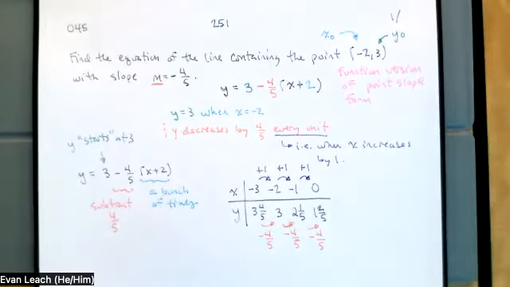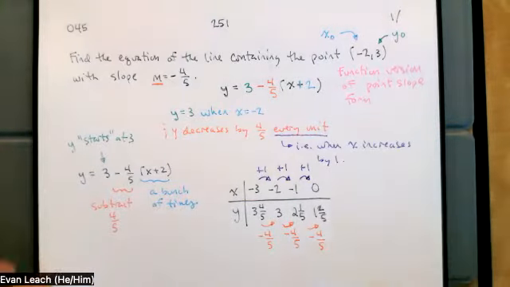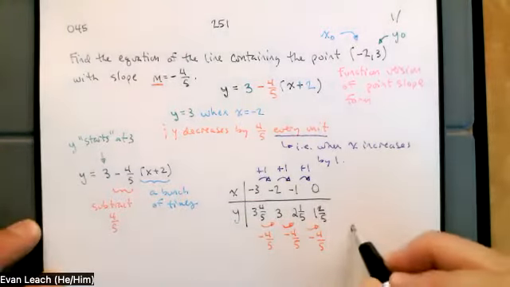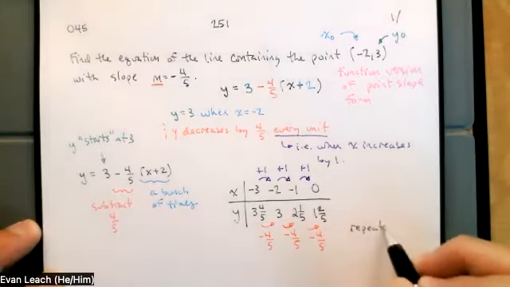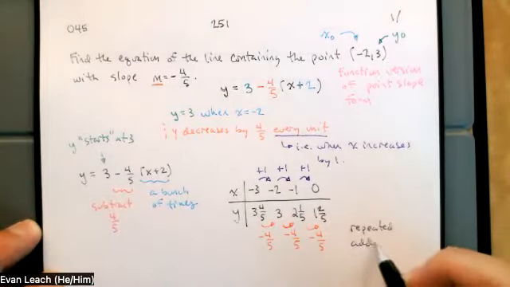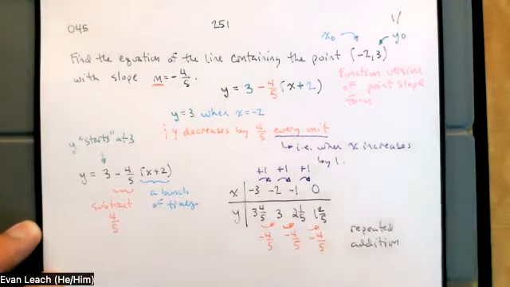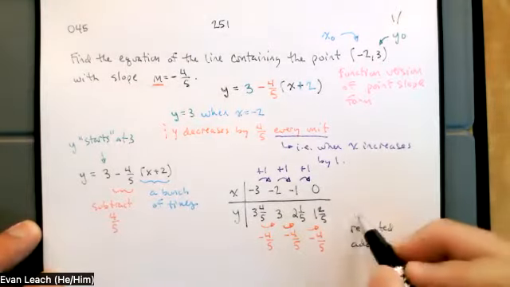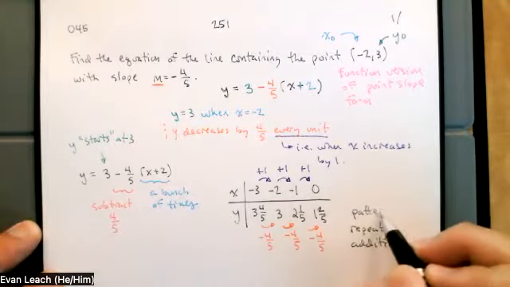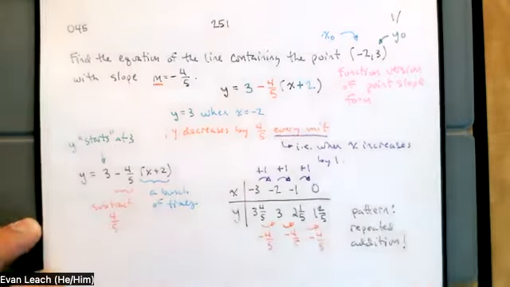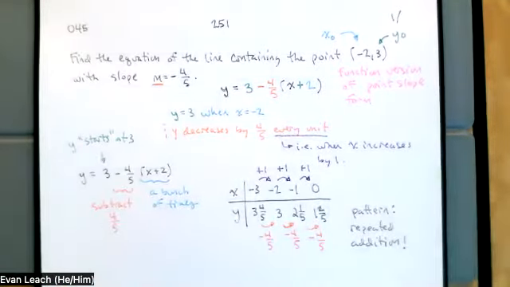The other thing that I want to point out is that a linear function is an action of repeated addition. Linear functions act with repeated addition. The pattern here in this linear function is repeated addition. And the way we summarize repeated addition is with multiplication.